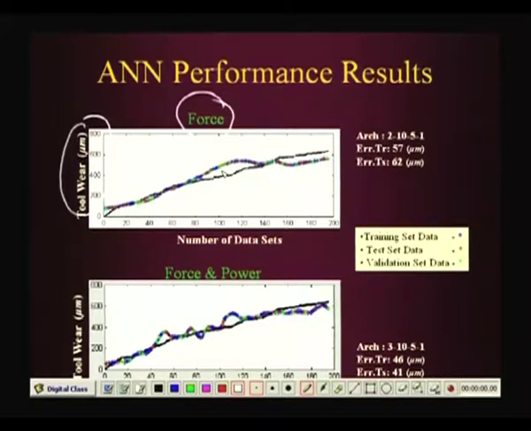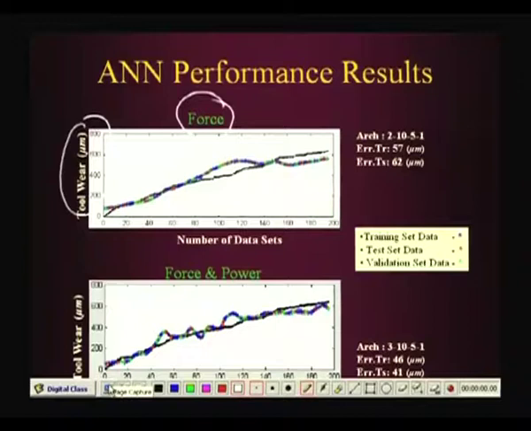On the other hand, if you use force and power, as is the case here, you can see that the estimation is perhaps slightly better. So it shows that if you include another signal, the estimation quality is likely to improve.